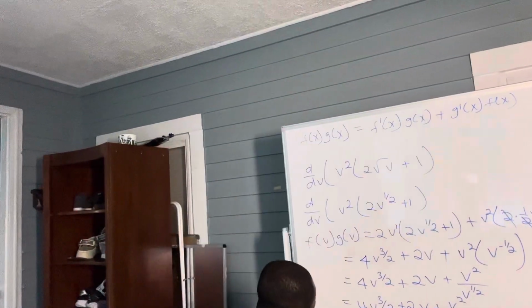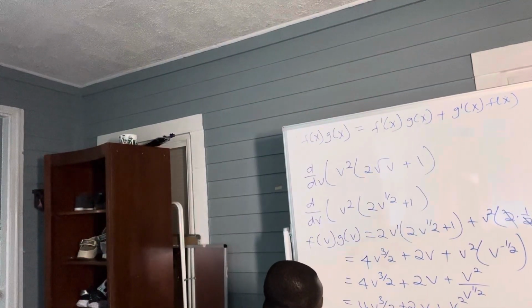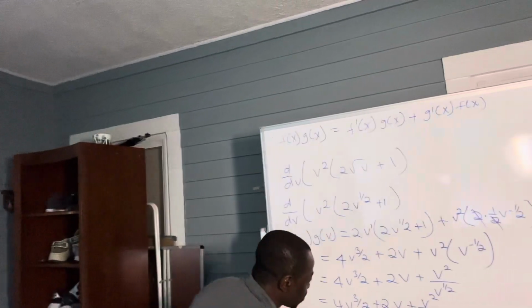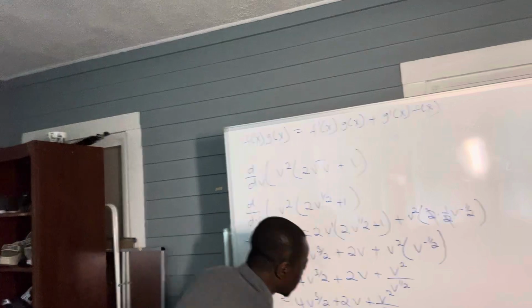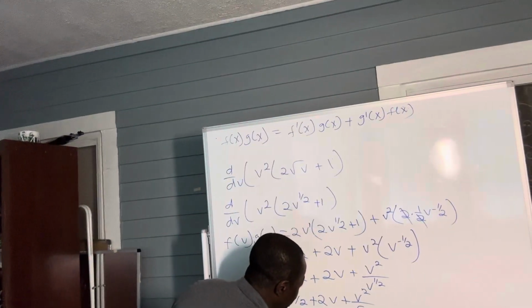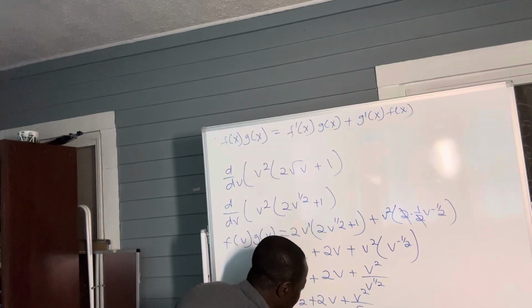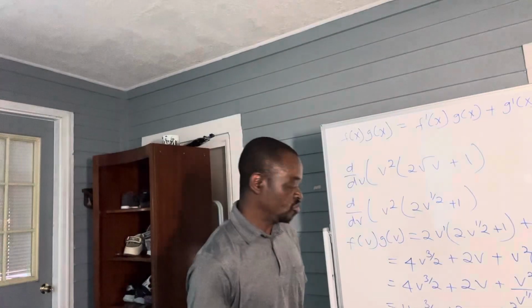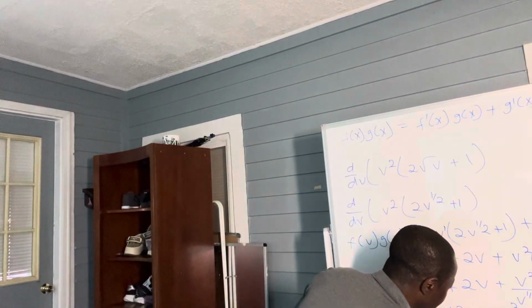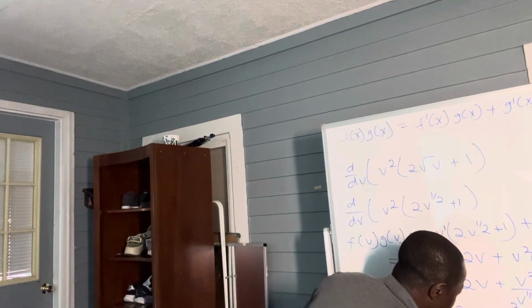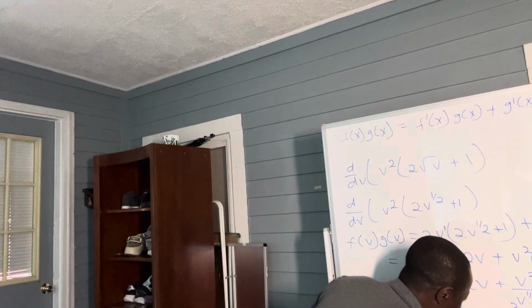This is 4v to the power 3 over 2 plus 2v, and this is plus v squared all over square root of v. To do away with the square root down here, you simply multiply by square root of v over the same thing, square root of v.